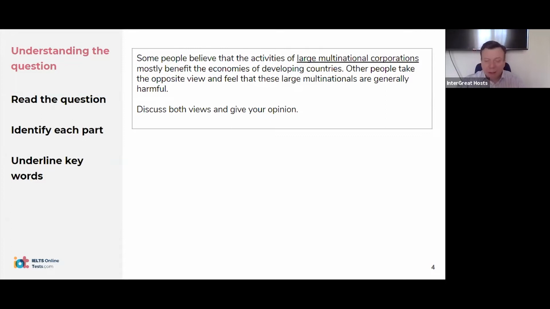Can you see any other keywords in the question? Okay, benefit, yeah. Developing countries, yeah. So we've got benefit, economies, developing countries, good. Next.